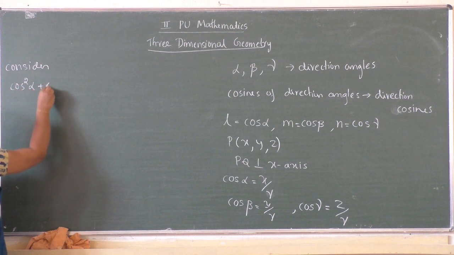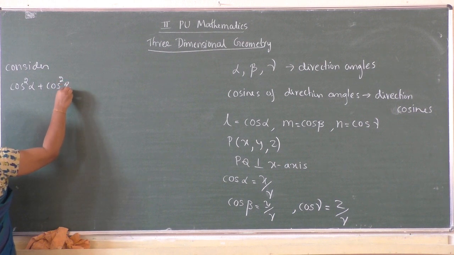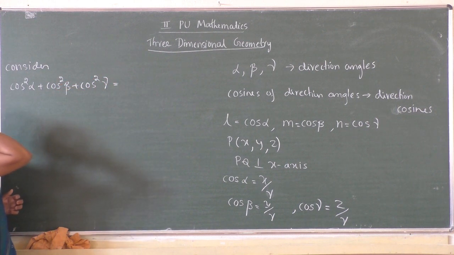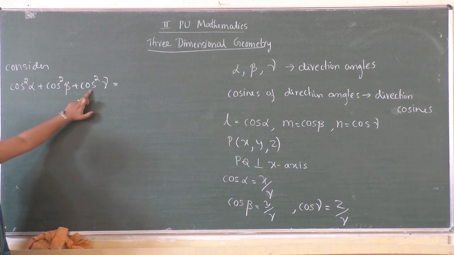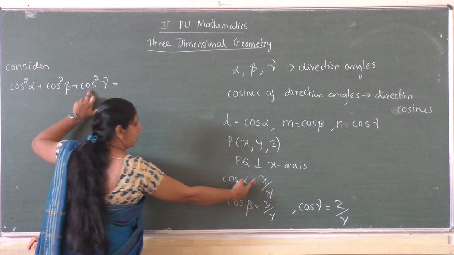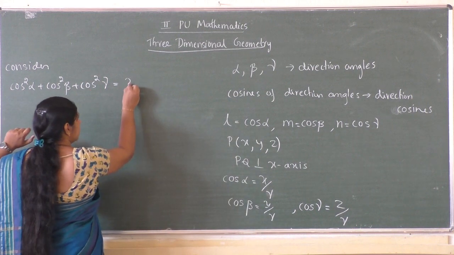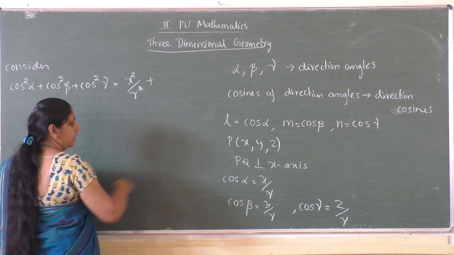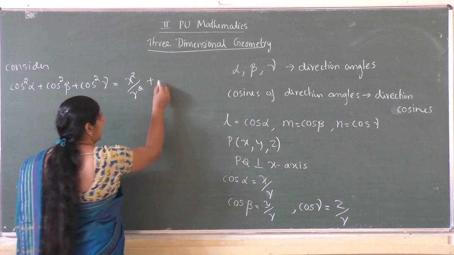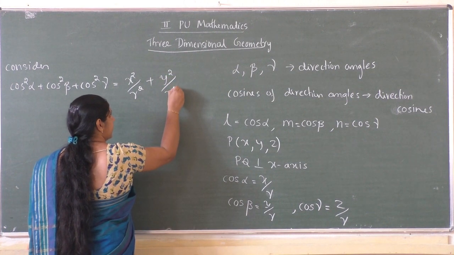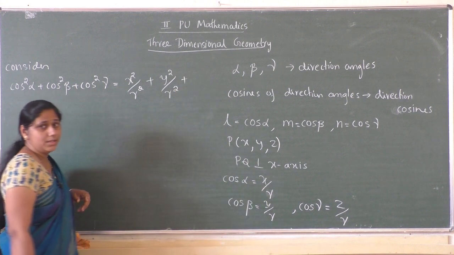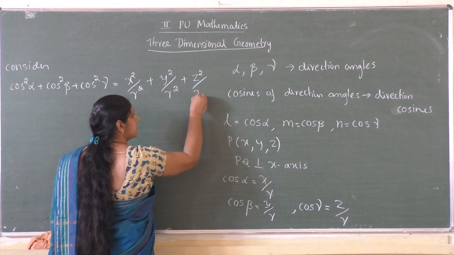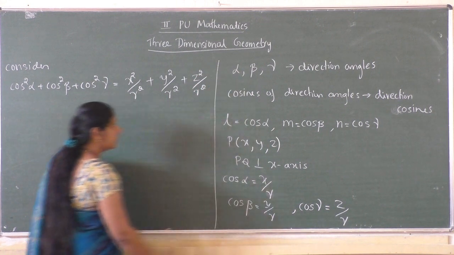So once you get cos alpha, cos beta and cos gamma values, I will consider cos square alpha plus cos square beta plus cos square gamma. So what is cos square alpha plus cos square beta plus cos square gamma? See here, cos alpha is x by r, so its square means x square by r square, plus cos beta is y by r, its square means y square by r square, plus cos gamma is z by r, its square means z square by r square.